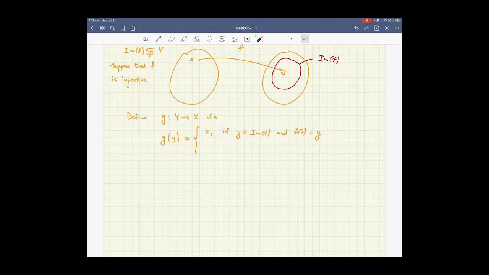There will be one because y is taken from the image, so element y must be the image of x under the action of f for some x. That's what it means to be in the image. It means that you are equal to f at x for some x. Why can't there be another x with this property? Because then the function f wouldn't be injective.